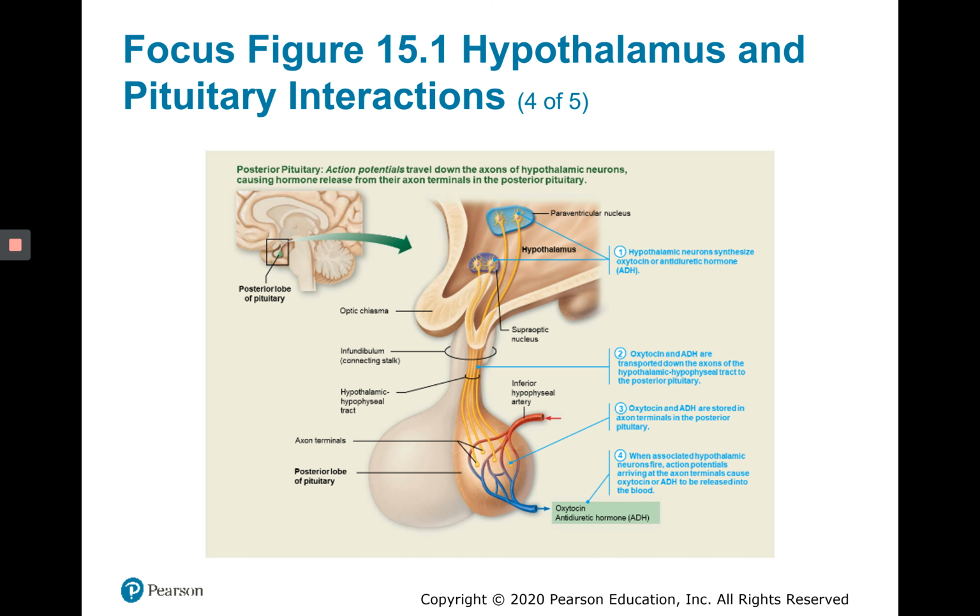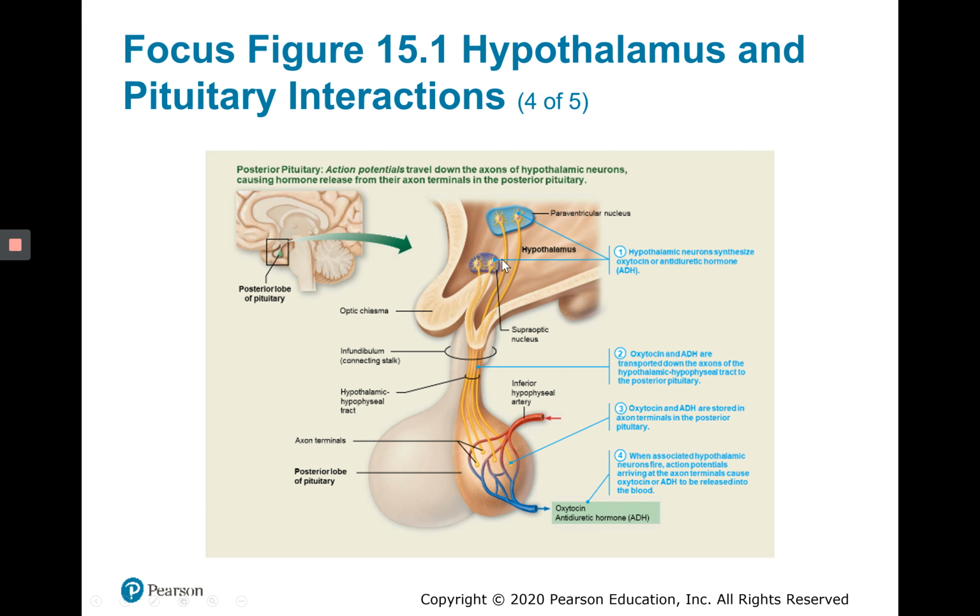So we're looking here specifically at the posterior pituitary, and we can see that these cell bodies and dendrites of 2 types of neurons, we'll say, are located in the hypothalamus. We have the paraventricular nuclei and the supraoptic nuclei.